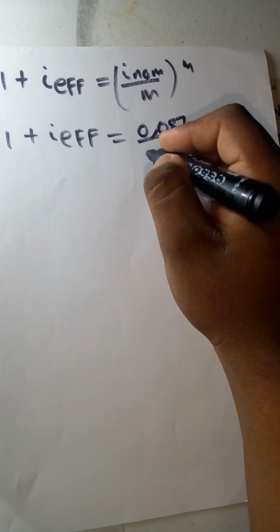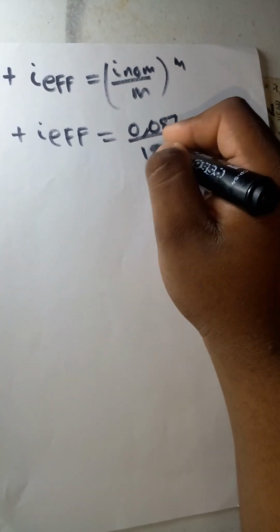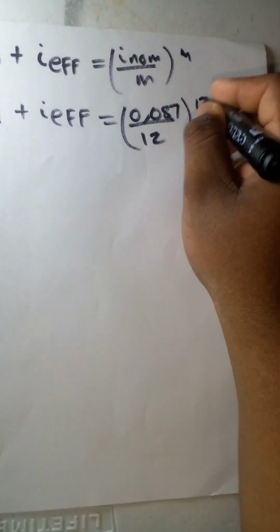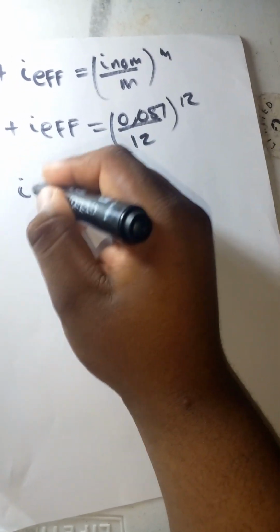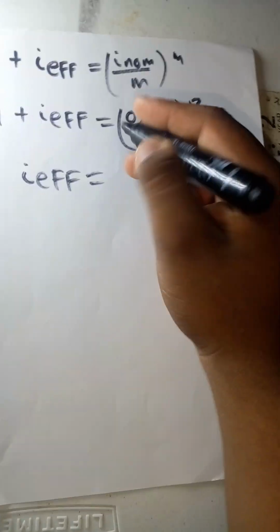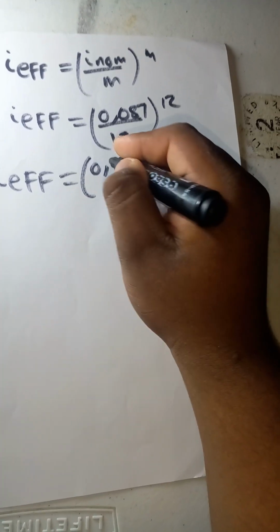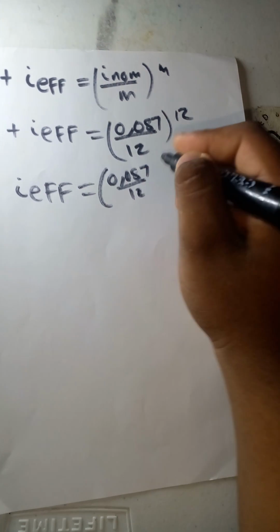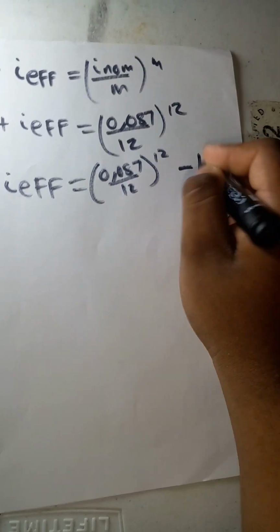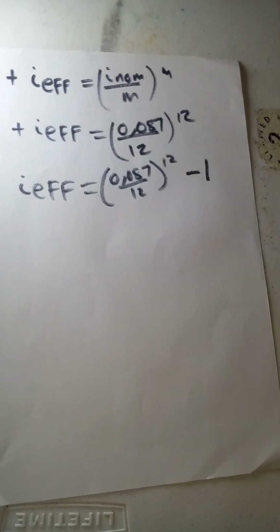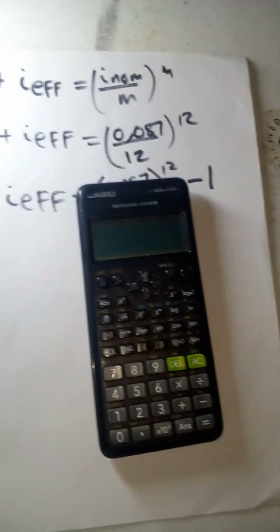They said the compounding period is monthly, so it's 12. Therefore the I effective will be equal to 0,087 over 12 minus 1, taking this one to the other side, and then you take a calculator. Let me simply punch it.